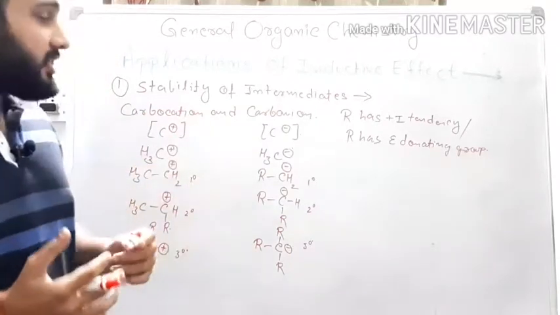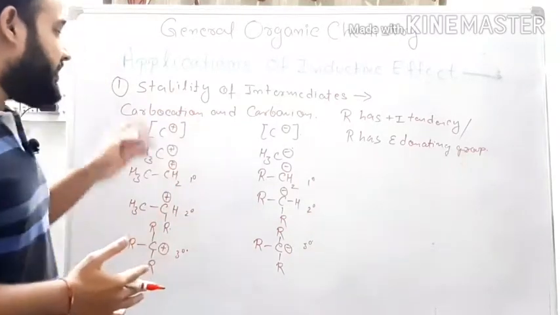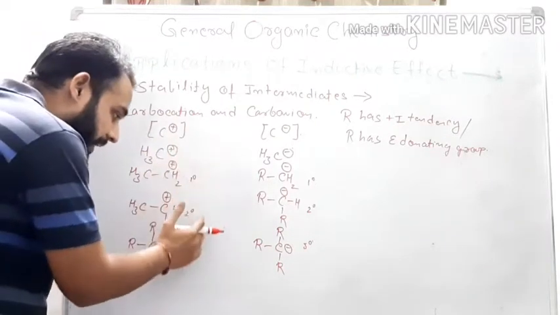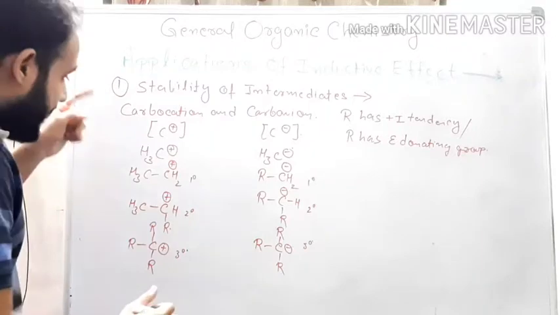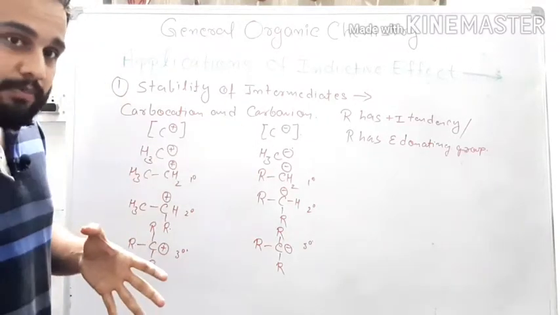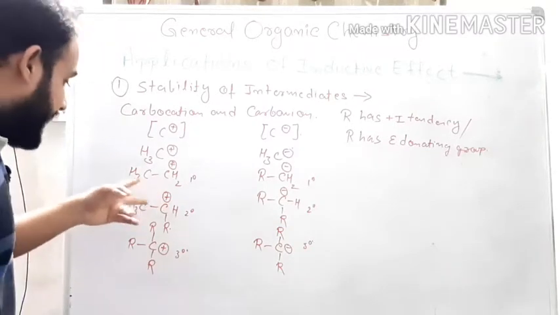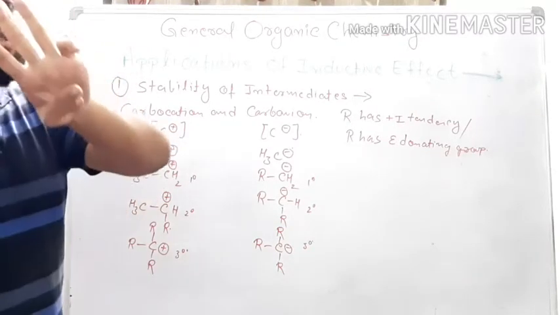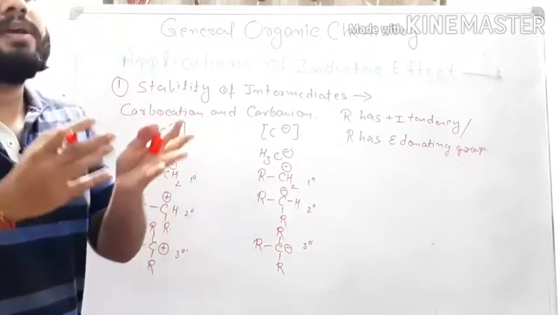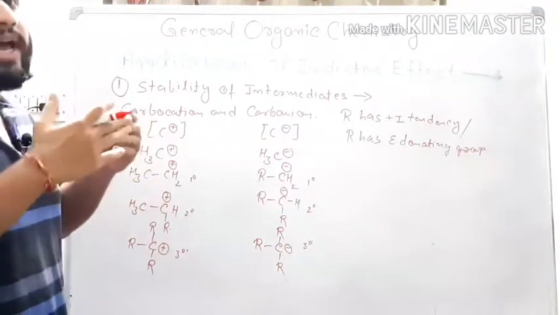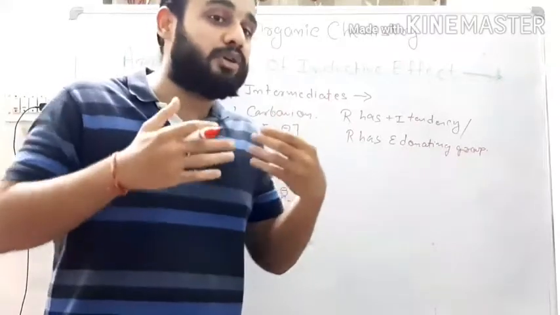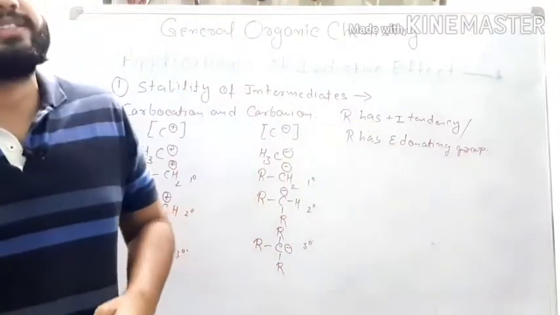So according to this statement, we can write the order of stability of your carbanions and carbocations. When you see the primary, secondary and tertiary carbocations, in your primary carbocation you have one R group which can donate electrons to the positively charged carbon. In secondary you have two R groups, and in tertiary you have three R groups. So among them your tertiary carbocation will be the most stable carbocation, because it has three R groups which can donate electron density towards your positively charged carbon.